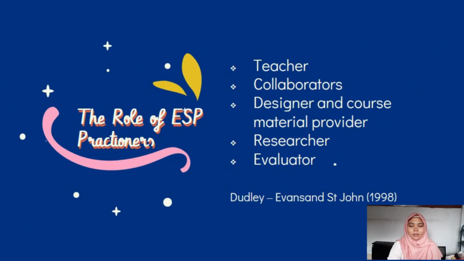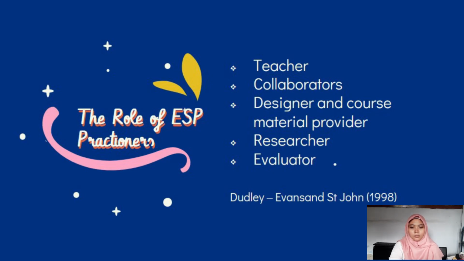According to Evans and John in 1998, there are 5 key roles of an ESP practitioner. First, as a teacher. Second, as a collaborator. It means the ESP practitioner must work closely with the field specialist or learner to meet the special needs of learners, adopt the methodology, and also the target disciplinary activities.